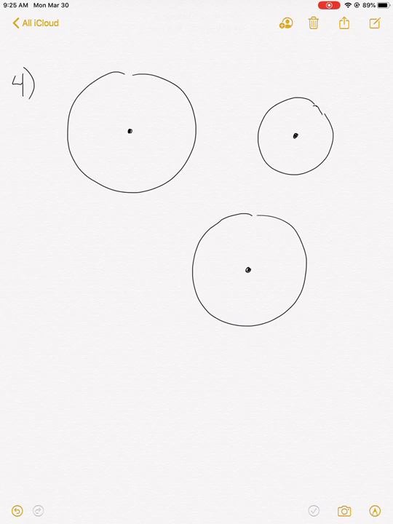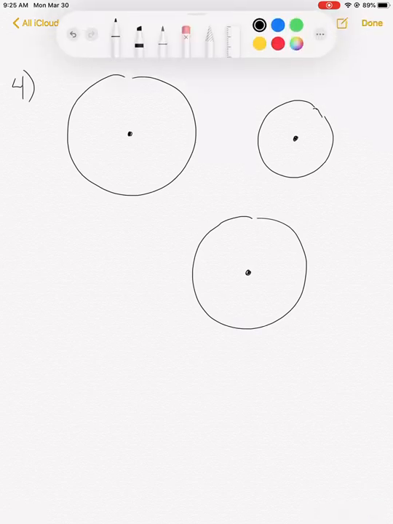Okay, so I have drawn 3 circles here, and this is circle number 1, this is circle number 2, and this is circle number 3. Now what you're going to do in your handout is use your compass to draw these circles, and that way you'll have more perfect circles than I do, and you can make better measurements.